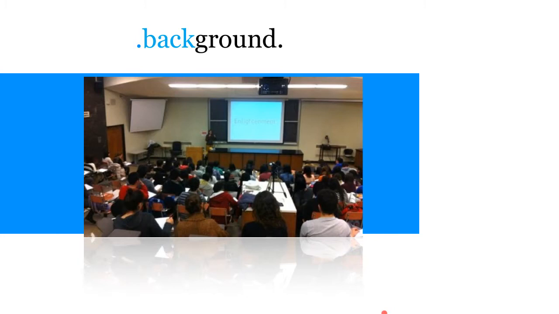So I want to talk to you first a little bit about who I am and really the context in which I teach. You can see a picture here of the lecture. This is a history lecture that all of my students attend at the same time. And I attend this lecture as well, and I'm in regular contact with the history lecture. It is a credit course that all of my students take.